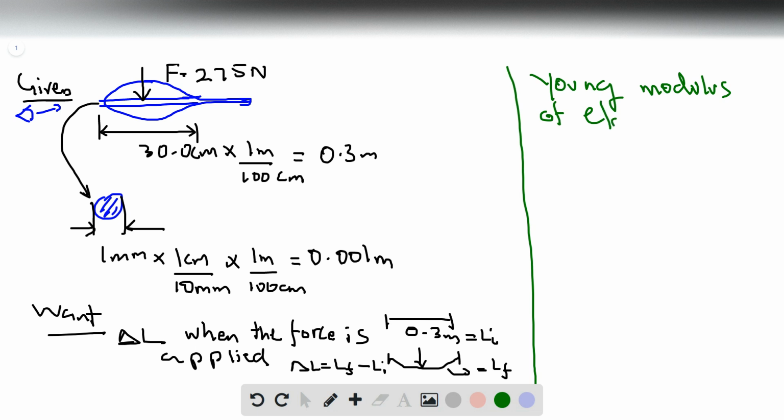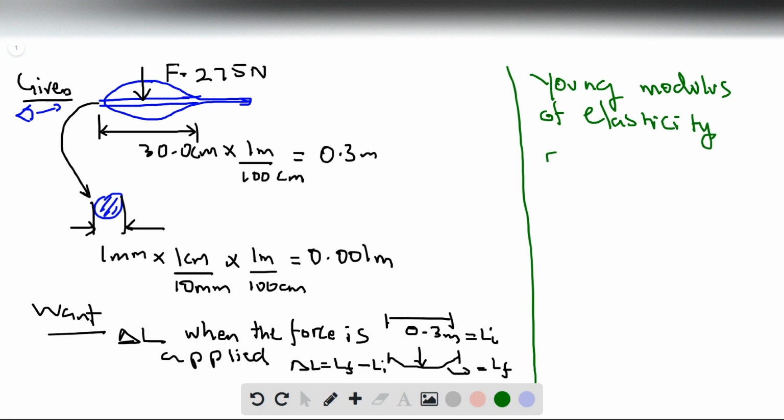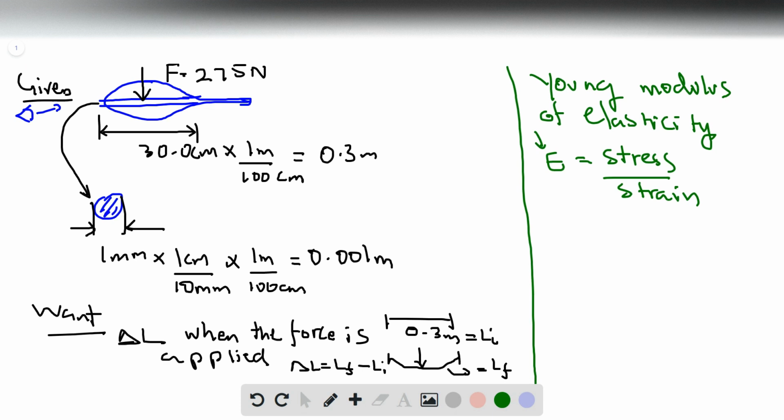So this is Young's modulus of elasticity, and it so happens that E is the same as stress over strain. And the reason why we're going this route is because we do have information, or we can get information about the elasticity of the nylon, E. And also remember that stress is force over area, and that's the cross-sectional area.